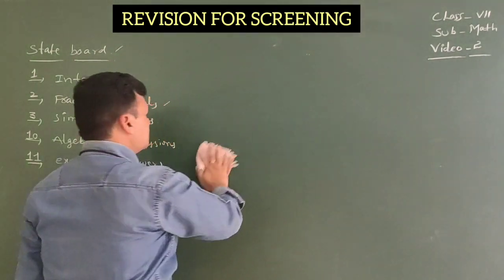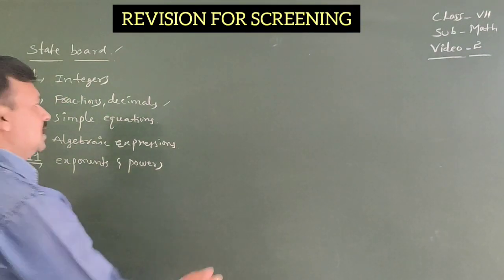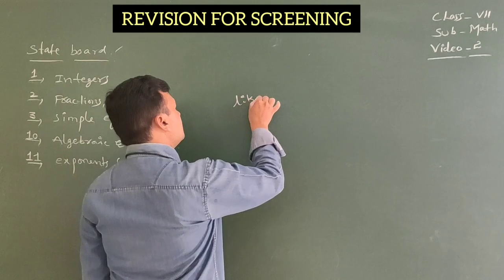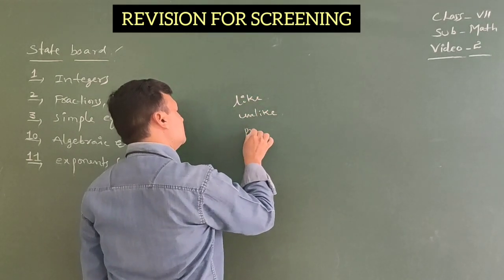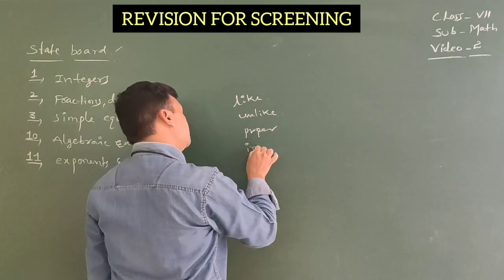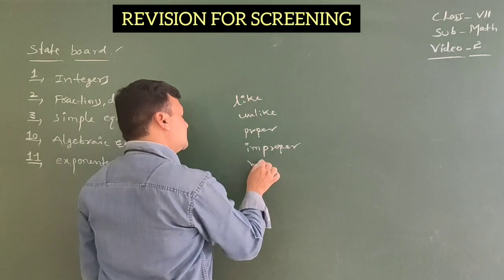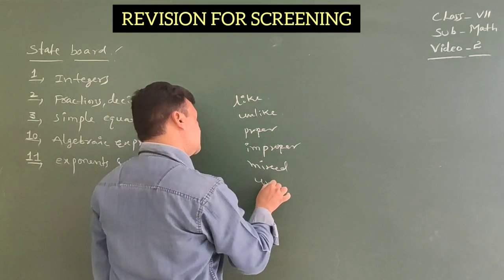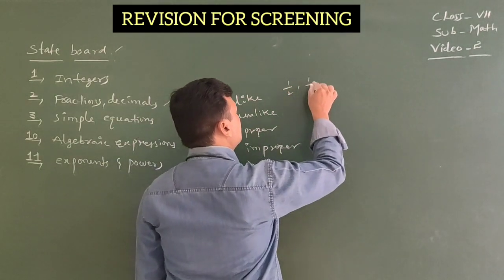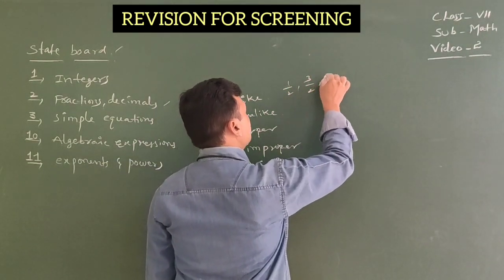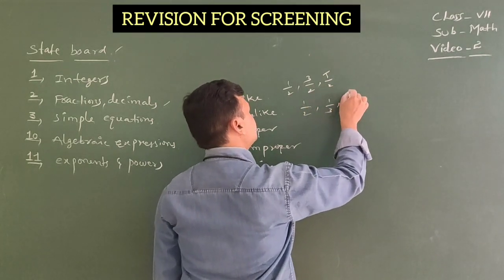Then types of fractions. We have different types of fractions, already discussed: like fractions, unlike fractions, proper, improper, mixed fractions, unit fractions. Like fractions have the same denominator. Unlike fractions have different denominators.